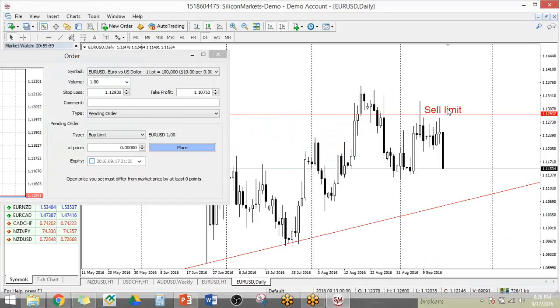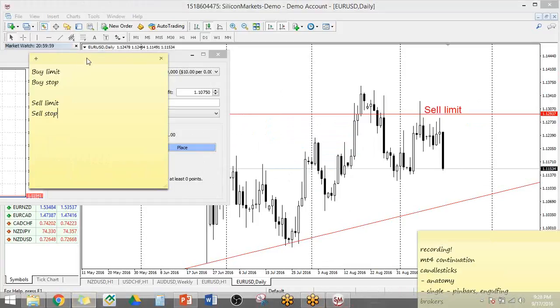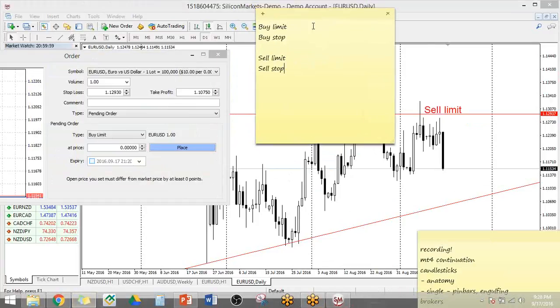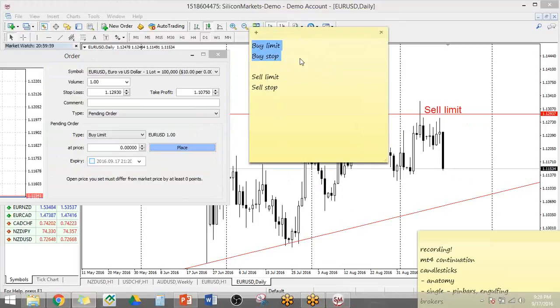So you've already decided that you want to sell, so you already eliminate buy limit and buy stop. You have two choices now: sell limit or sell stop. So what are you going to use?